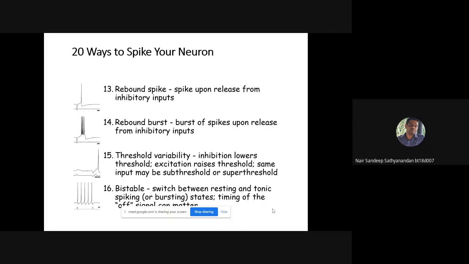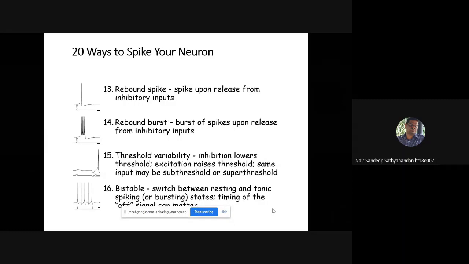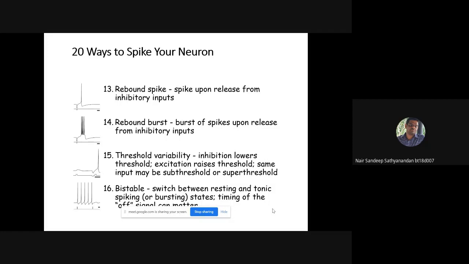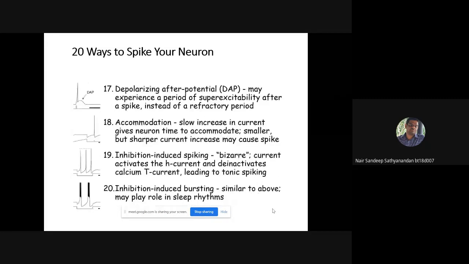Now again another variability, threshold variability. Inhibition lowers the threshold and excitation raises the threshold. So there is a variability of threshold for the spiking. And the bistable nature, which you have already seen in some of the neuronal models. And then depolarization after-potential. That is, it may experience a period of super excitability after a spike instead of a refractory period.